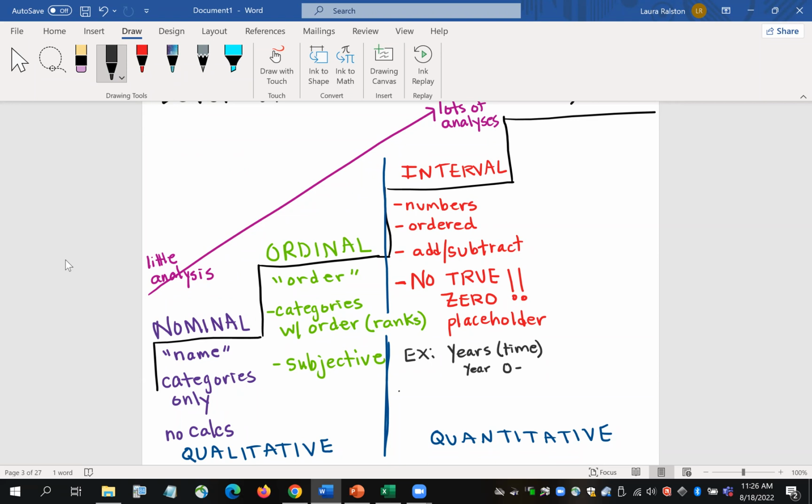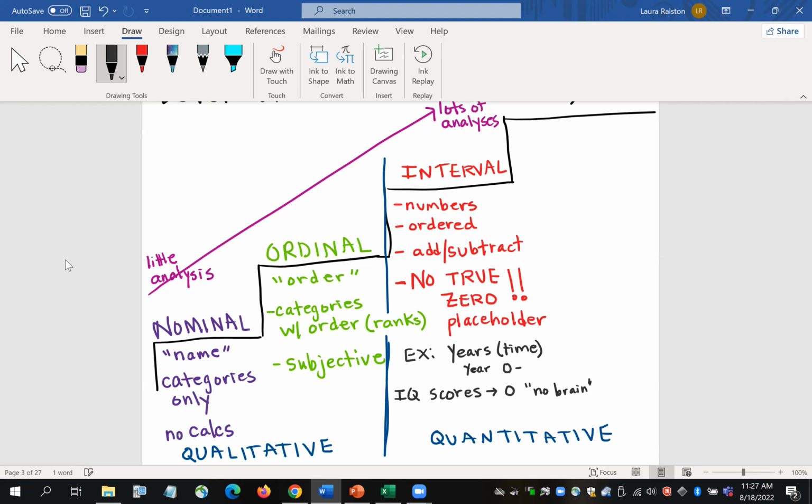Another example is IQ scores. Okay, if I say that you scored 0 or that I scored 0 on the IQ test, that does not mean that I have no brain.